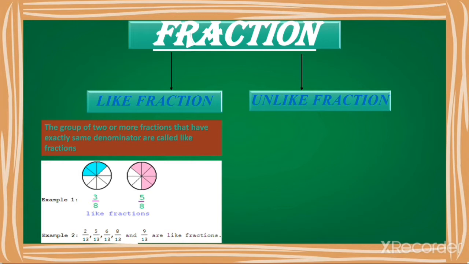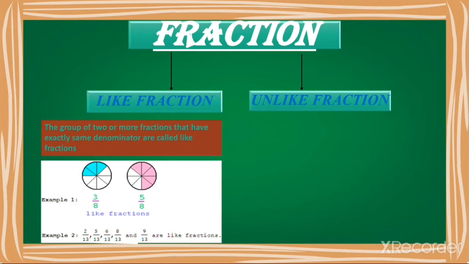First example, 3 upon 8, 5 upon 8. These two fractions are like because the denominator of both fractions is the same. Second example, 2 upon 13, 5 upon 13, 6 upon 13, 8 upon 13 and 9 upon 13. All these fractions are like because their denominator is the same.